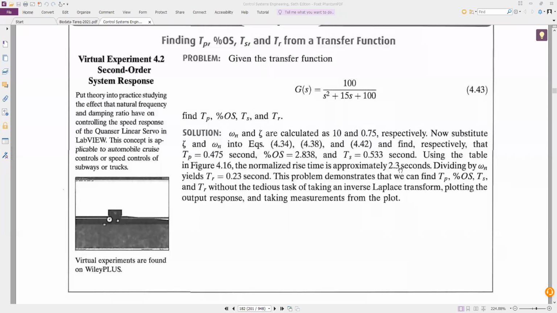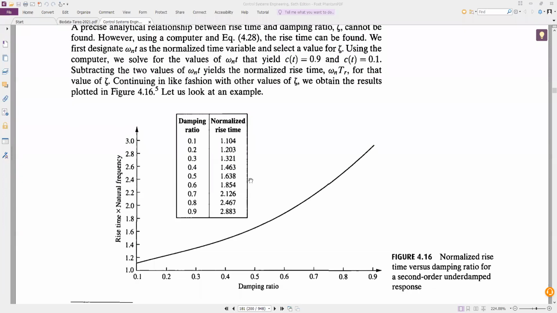So if you get the normalized rise time, then divide it by the omega n, then you will get the Tr. See, from the table, you will get the normalized rise time. How to find this normalized rise time? See, 0.75 is in between. That means 2.126 plus 2.467 divided by 2.